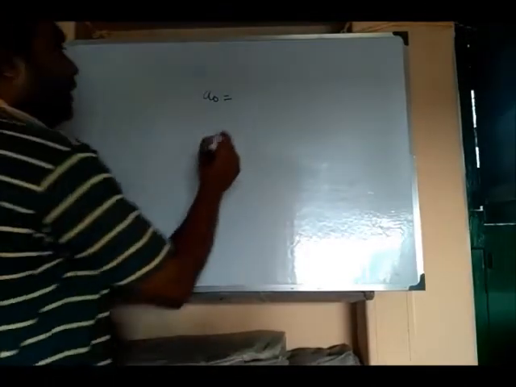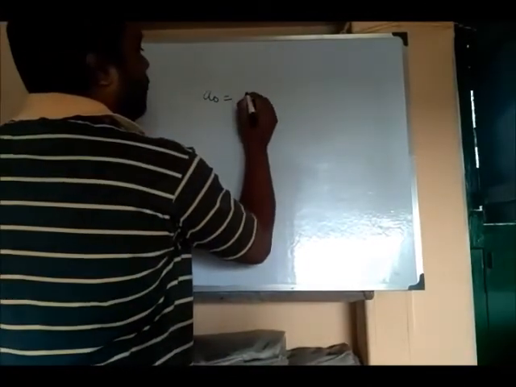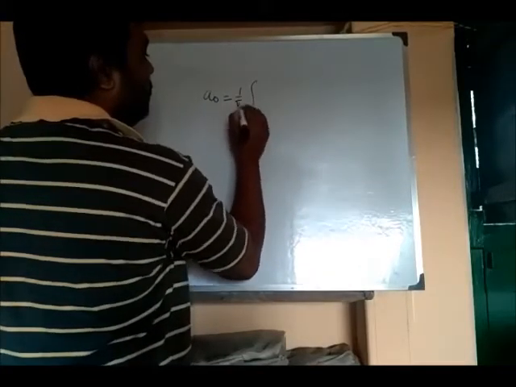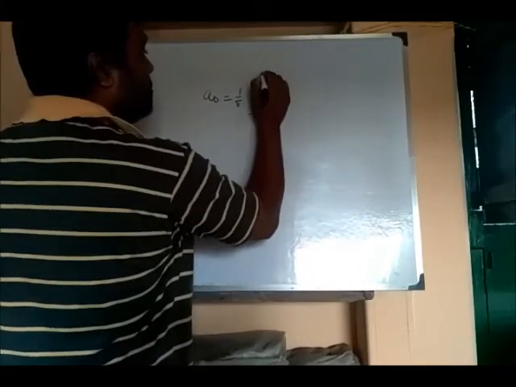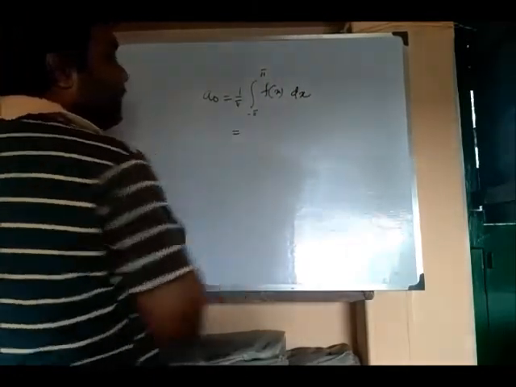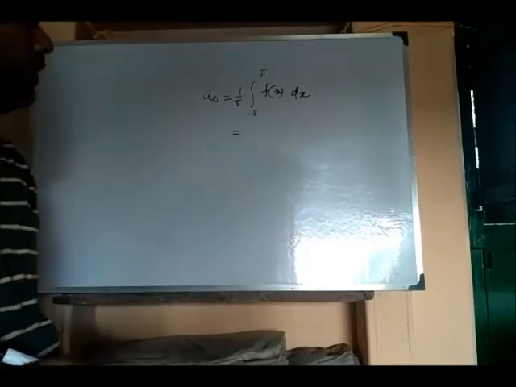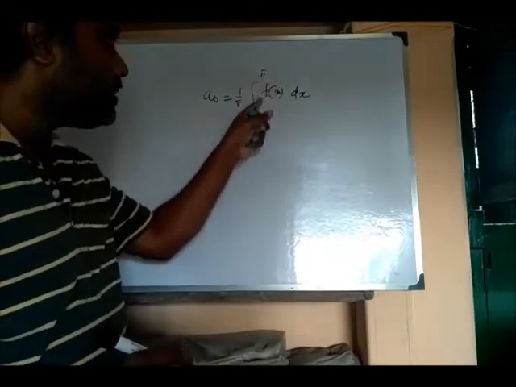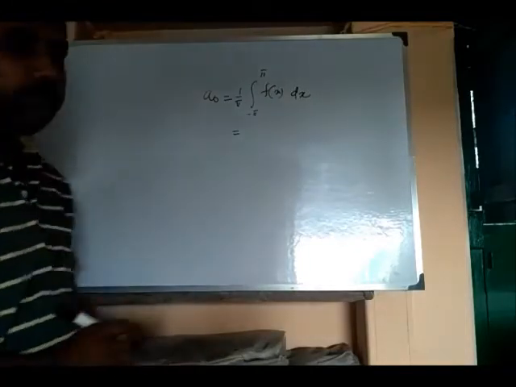a0, what is that? It is 1 upon pi, integration from minus pi to plus pi of f(x) dx. Now, as it is a symmetric function, you can use the symmetry property of this function.